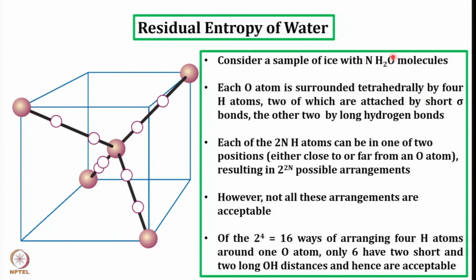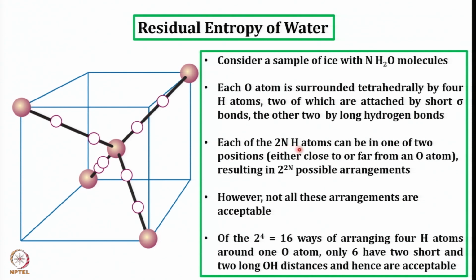We already discussed that each oxygen atom is surrounded tetrahedrally by four hydrogen atoms, two of which are attached by short sigma bonds and the other two by long hydrogen bonds. N water molecules means there are 2n hydrogen atoms.